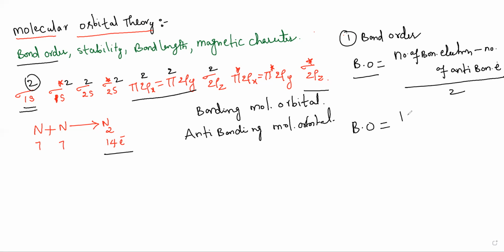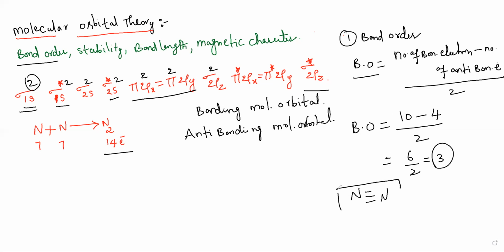In total how many? 10 electrons. So minus the number of anti-bonding electrons, just 2, 1 and 2. 2 means 4 electrons, 2 into 2, by 2. So we get 6 by 2, which is equal to 3. So the bond order for the nitrogen molecule is 3, which means nitrogen and nitrogen combine with a triple bond like this. This is the first application, bond order.